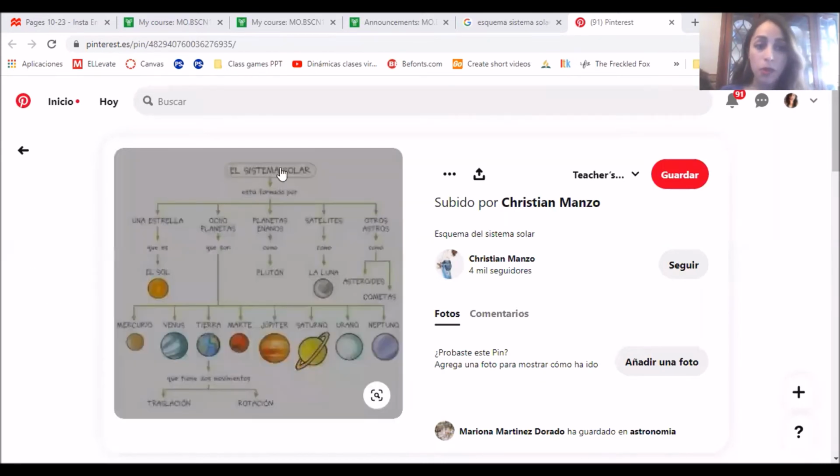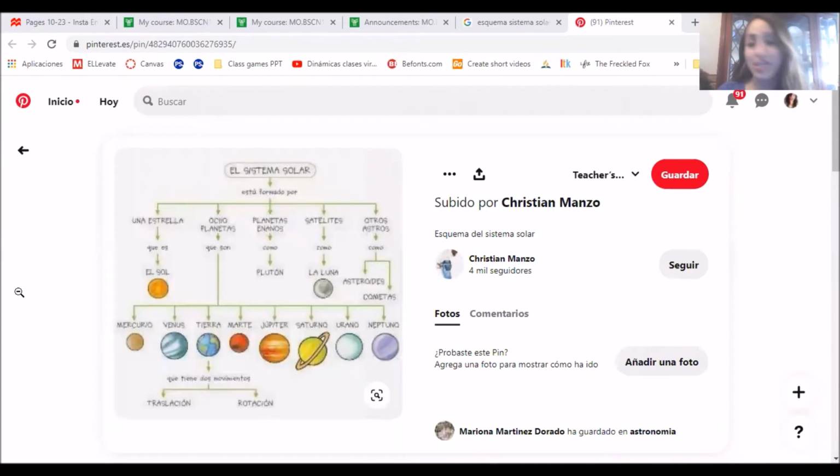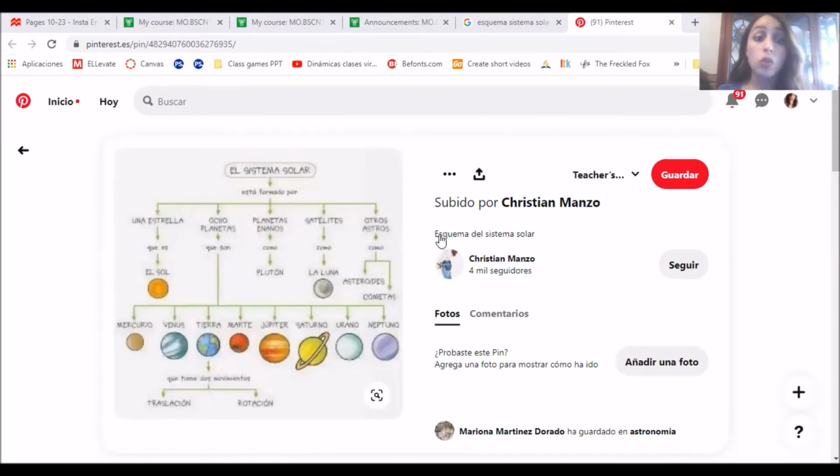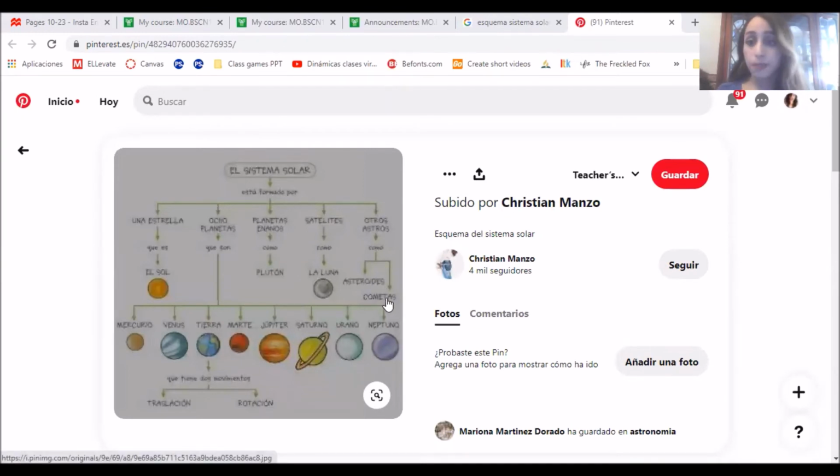Here, for example, you have the solar system. This one is in Spanish, but it's just as an example. And then it includes the different elements of the solar system, which are satellites, asteroids, comets, you know, all of the things that we already learned in that topic.